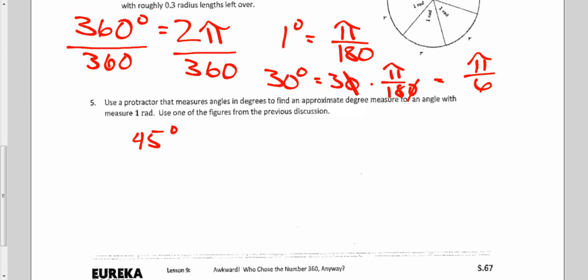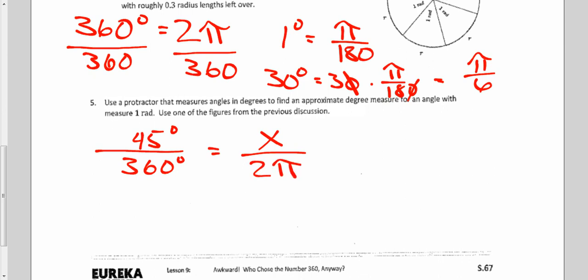Well, 45 is a fraction of a whole circle, right? It's part of a whole circle, right? And that fraction of the whole circle is the same fraction whether it's in degrees or in radians. Am I right? And what's a whole circle in radians? 2 pi. Now, if I solve for x, I got the number of radians in that degree measure.